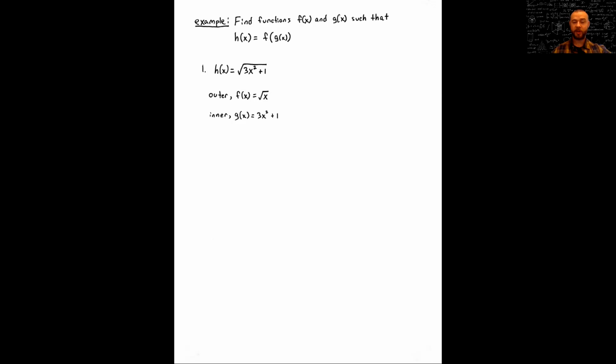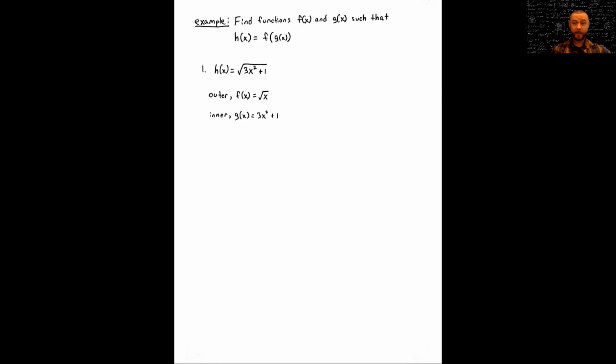All right, notice if we plug g of x into f of x, we get our function given there, h of x, which is the square root of 3x squared plus 1. All right, notice there's really no elaborate calculations we're doing here, but we're just trying to view a given function as a composite function.